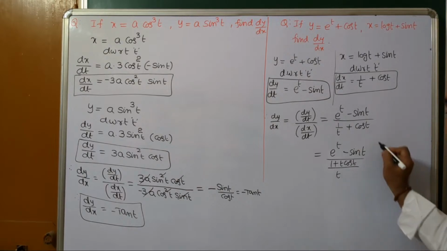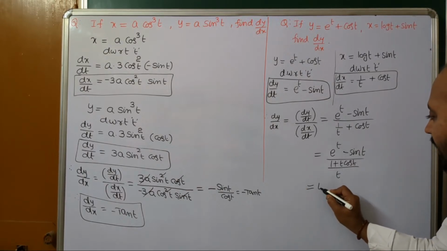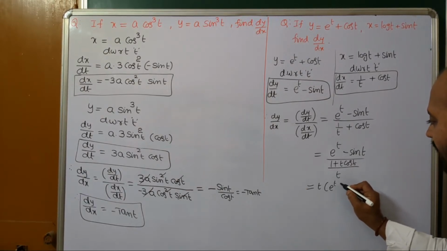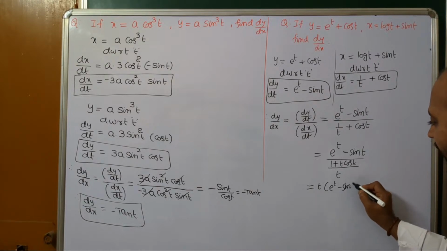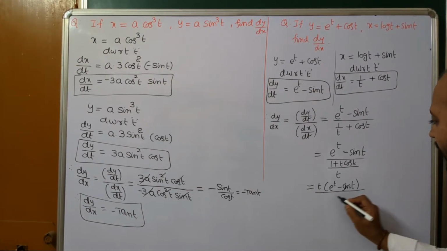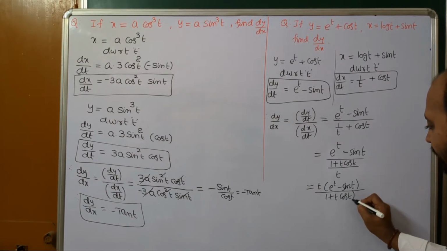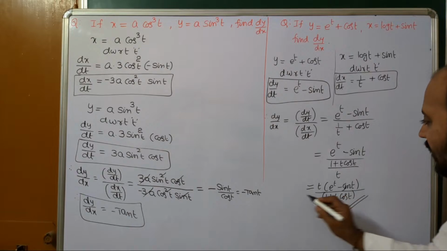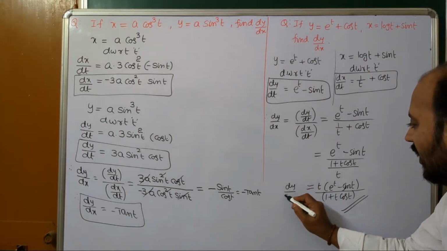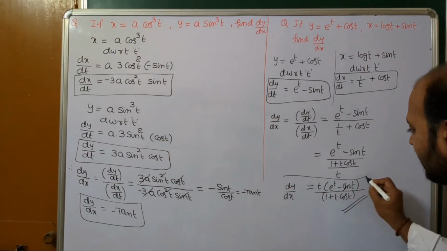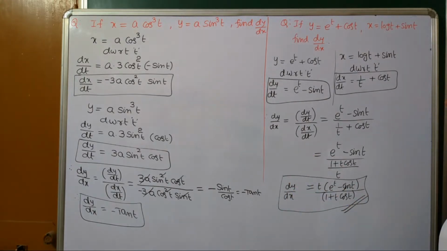So the denominator of the denominator goes to the numerator. We can write it as t times e power t minus sin t divided by 1 plus t cos t. This is how we should complete the answer, dear friends. So therefore dy by dx is equal to t into e power t minus sin t by 1 plus t cos t.